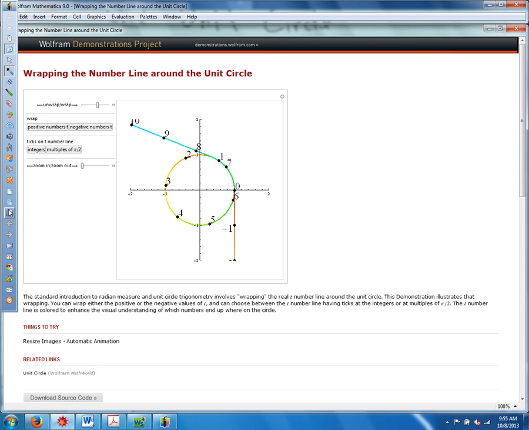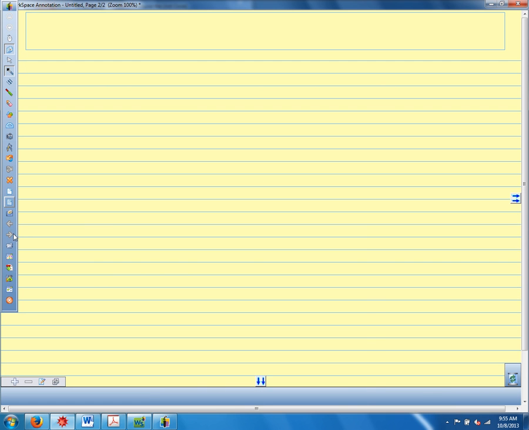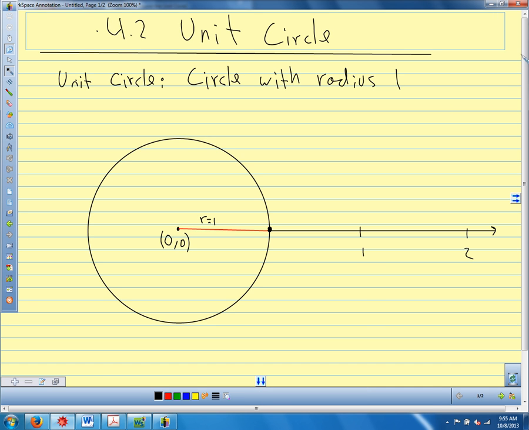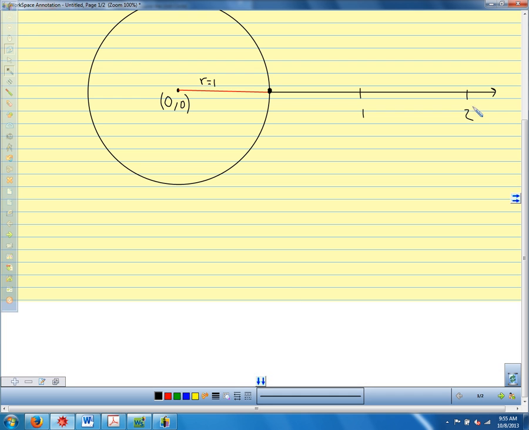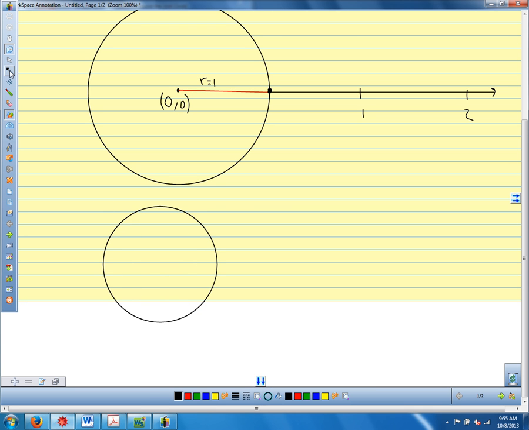All right, so let's go back. So we wrap that number line around, and as we wrap that number line around, I get points on my unit circle.